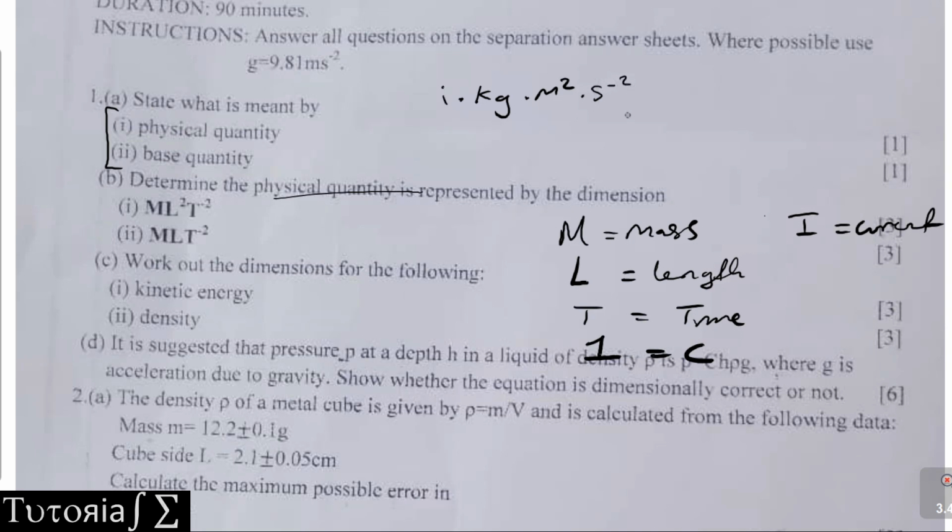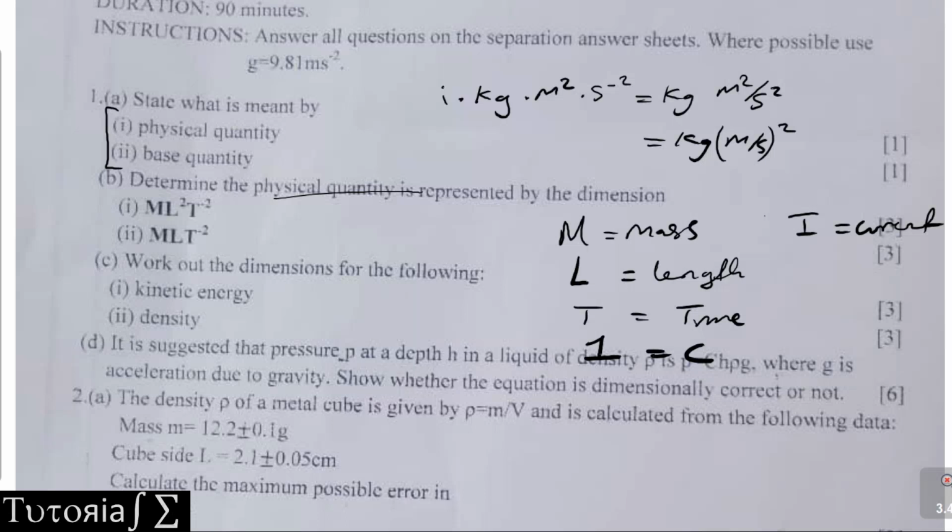So this can be written as kg meters squared per second squared. What is interesting here is that you can factor out the square, so it would be kg times meters per second, squared.